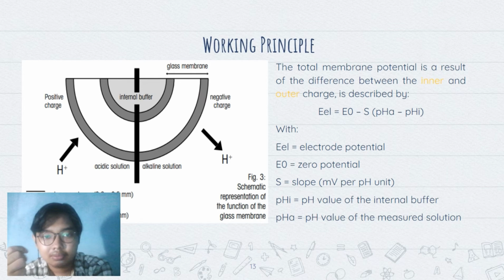When the solution is alkaline, the hydrogen ions diffuse out from the glass membrane and produce a negative charge.